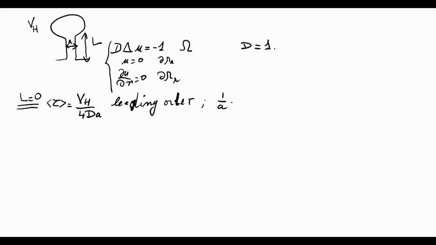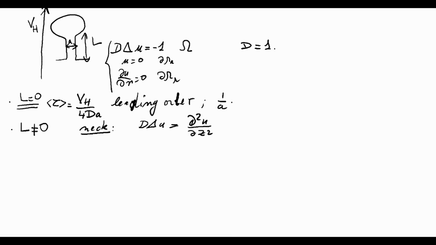So now what happens when the length of the neck is not 0? For this, we are going first to study the equation inside the neck. Inside the neck, we still have D Laplacian u, and with D equals 1, this is just d squared u over dz squared. So let's orient this with the arrows.